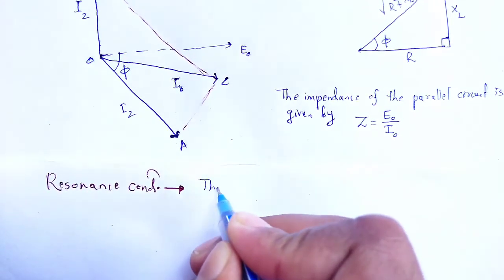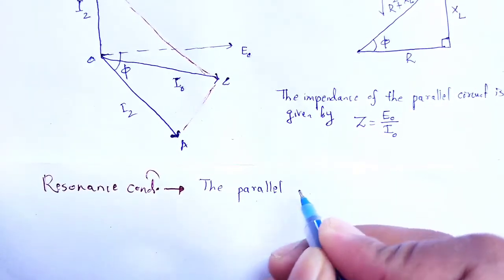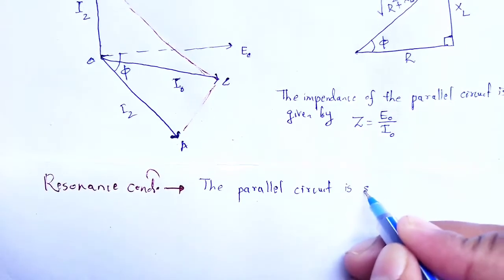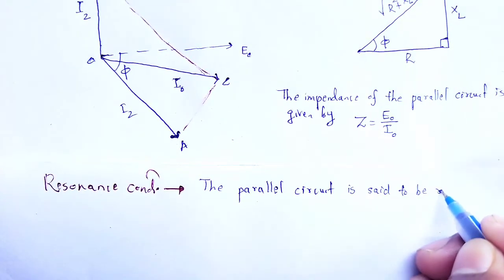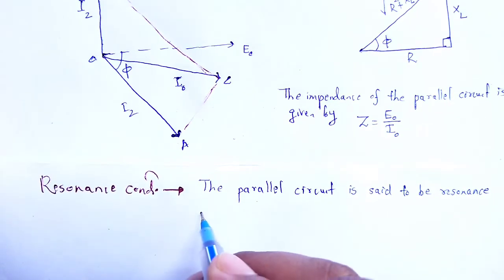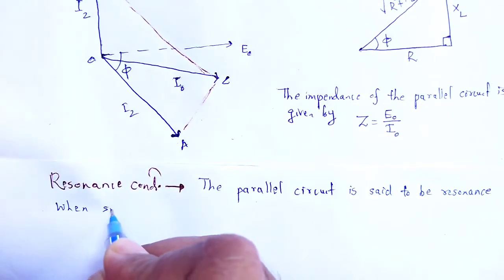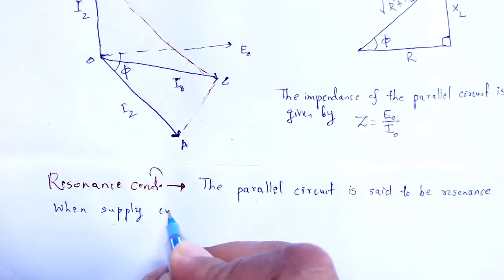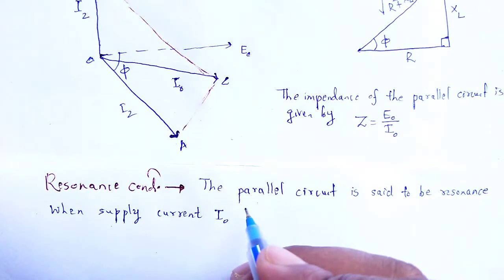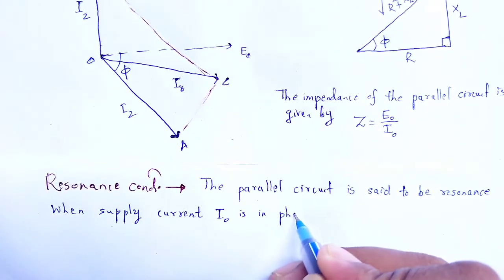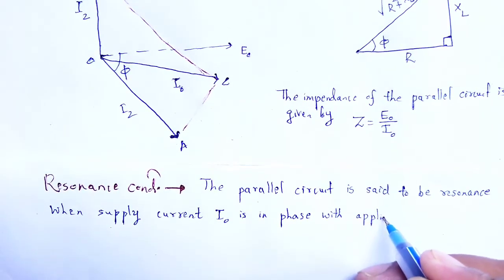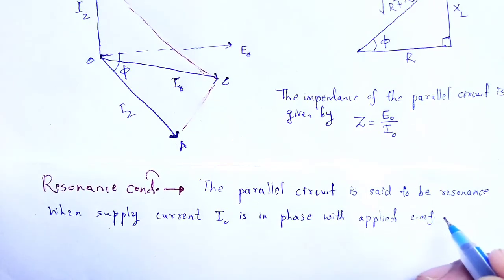The parallel circuit is said to be in resonance when the supply current I naught is in phase with the applied EMF E naught.